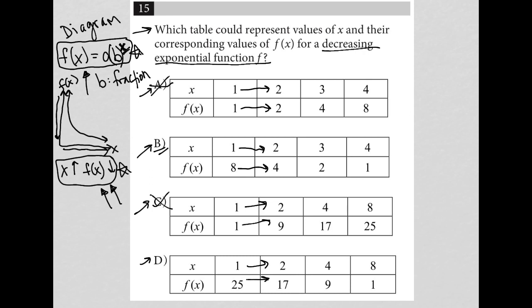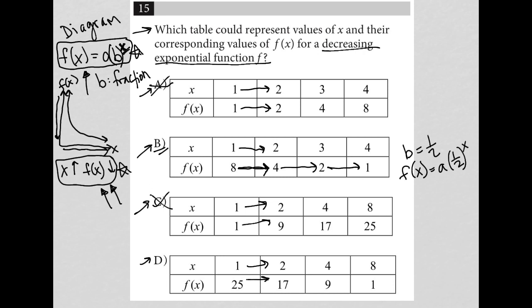So for choice B, from 8 to 4, that would be like multiplying by a half. From 4 to 2, I'm also multiplying by a half. And 2 to 1, I'm also multiplying by a half, which means my b value would equal 1/2, right? I'd have f of x equals whatever my a value is, and then 1/2 to the x power. So that fits, that's good.